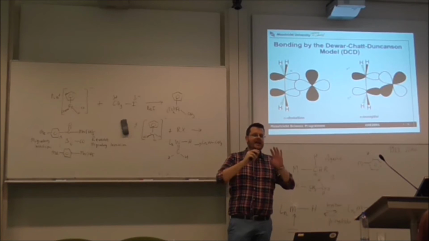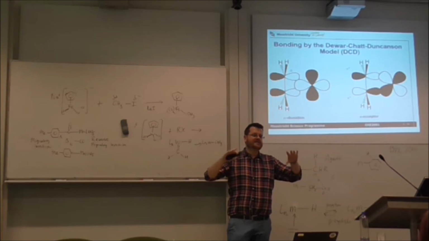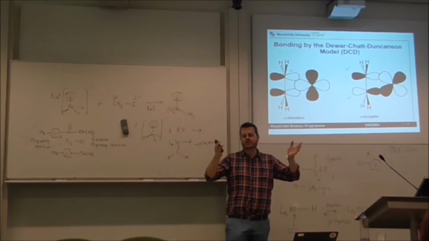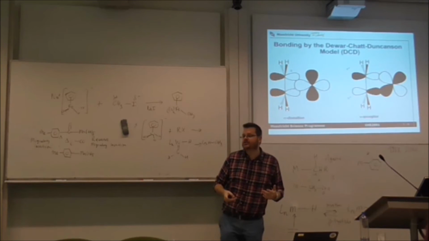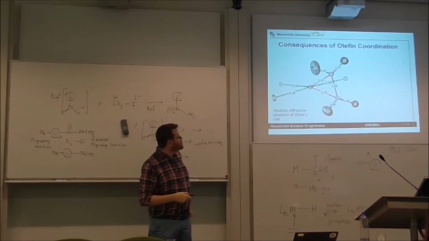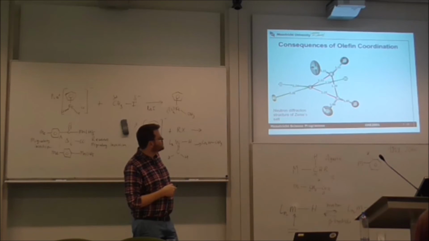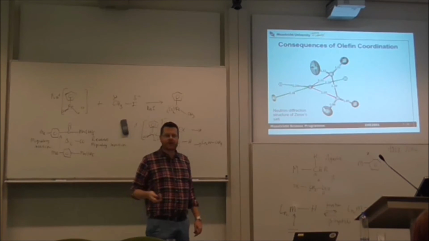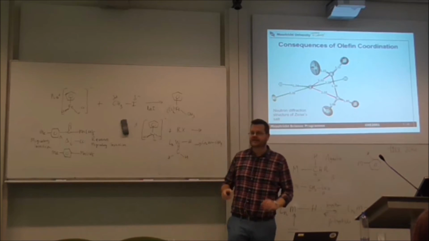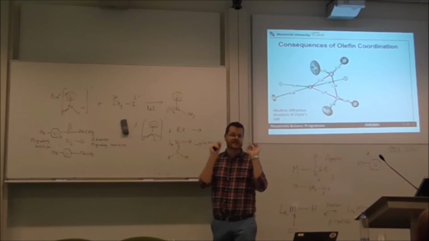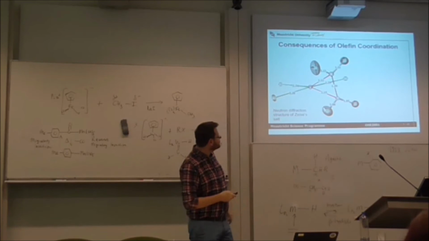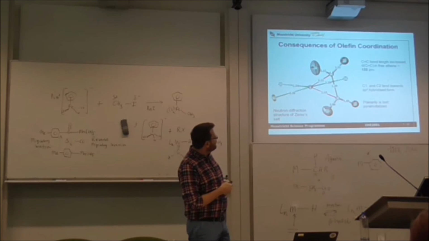So what you get is that the bond order goes down from the formal double bond to, let's say, 1.5 or whatever. It depends on the strength of the back donation. You'd actually see that structurally. So this is a neutron structure, neutron diffraction, which is sort of the big brother of electron diffraction, because that's really very accurate, but it's difficult and expensive to do. So check it out.